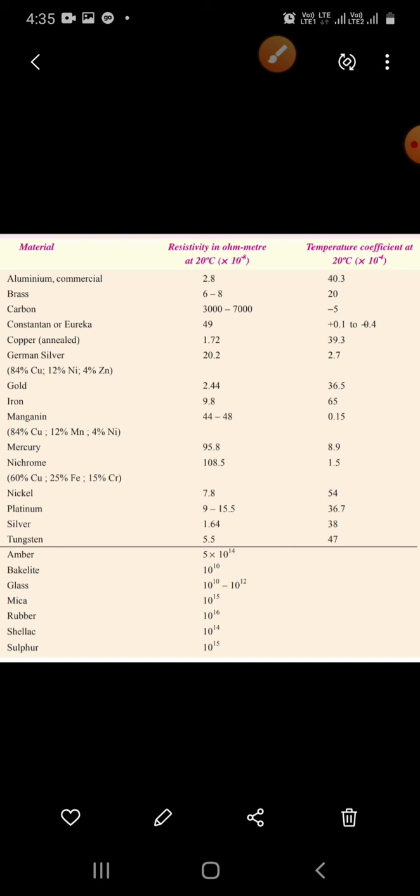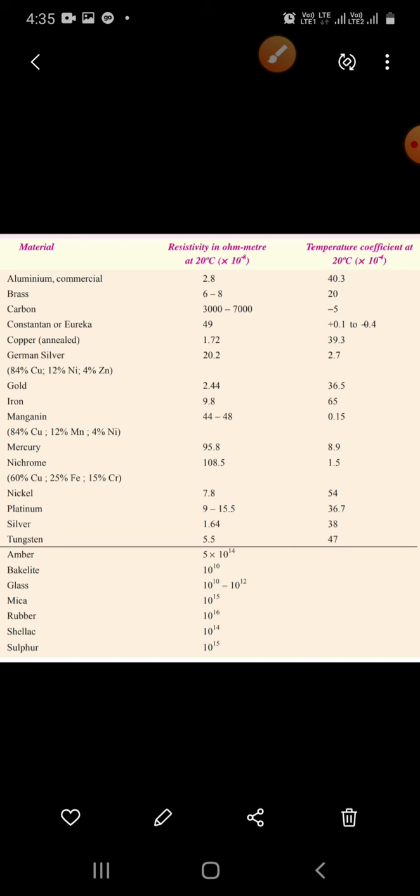For brass, it will vary from 6 to 8 ohm meter, and the temperature coefficient will be 20. Similarly, for carbon, the resistivity is 3000 to 7000 ohm meter, and the temperature coefficient at 20 degrees is -5. Similarly, you can see the magnitude for Constantan or Eureka.